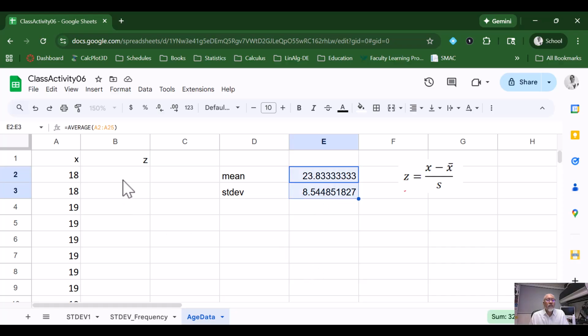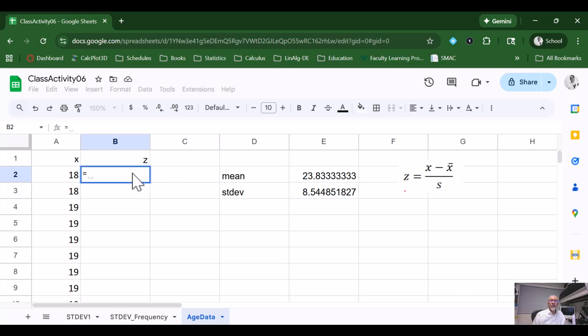Okay, now I want to find the z-score for 18. So if you're 18 years old, I can ask, how many standard deviations are you away from the mean? According to this, we have this formula. So my z is going to equal, I have a numerator that I'm subtracting, so I want to be careful and make sure I put the parentheses there. So I'll open with the parentheses.